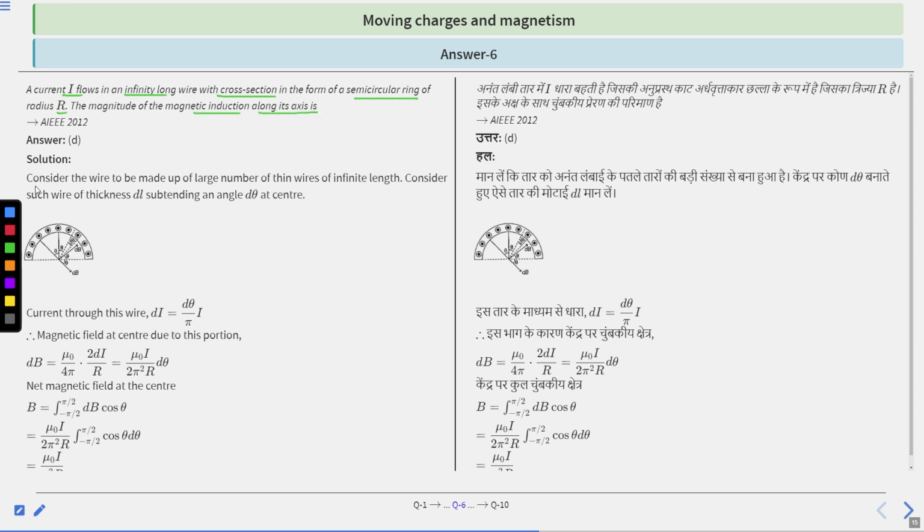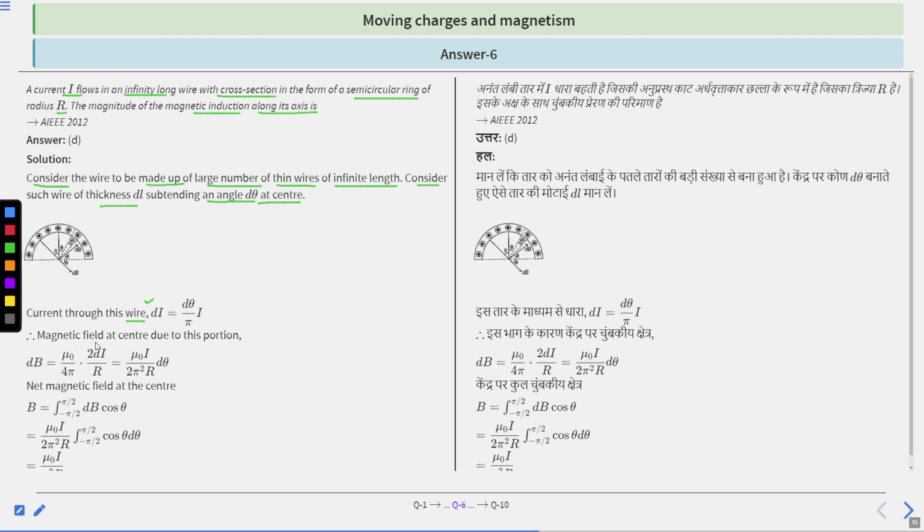So consider the wire to be made up of a large number of thin wires of infinite length, and consider such wires of thickness dl subtending an angle d theta at the center. This is the center, and this is the angle d theta. So the current through this wire, di, we calculate for the small di, is equal to I d theta divided by pi.